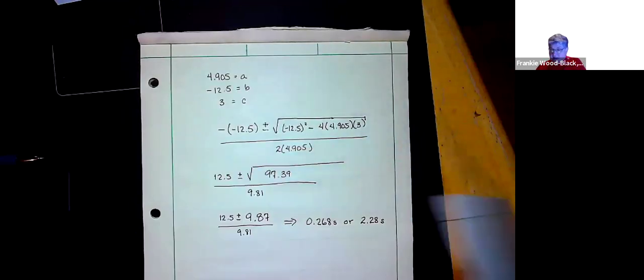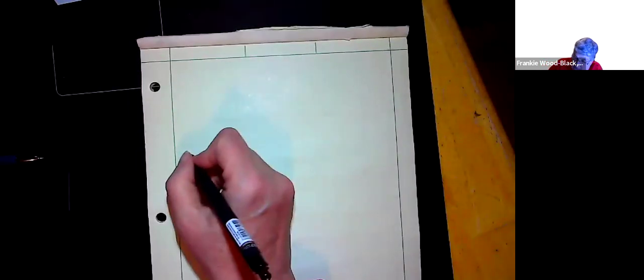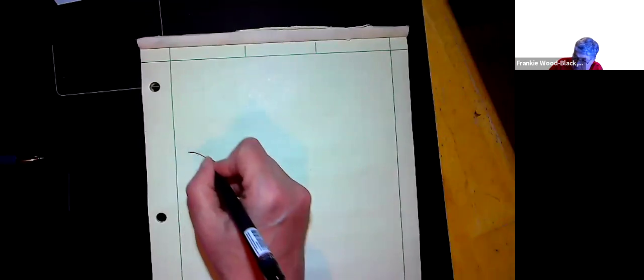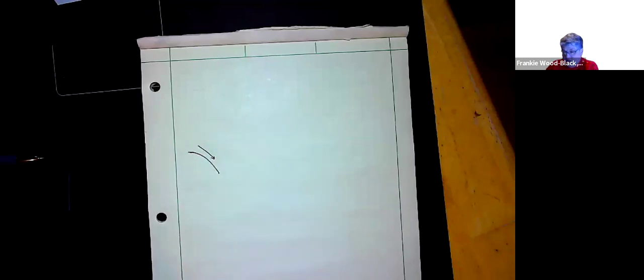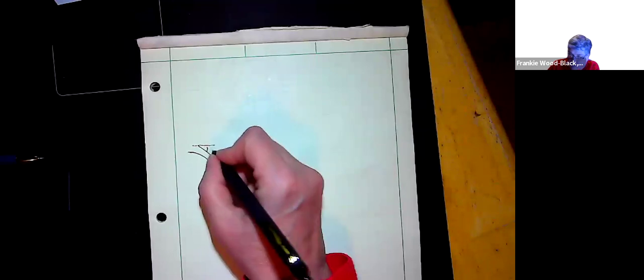Now, I think you guys have a homework problem that does something like this. So we have somebody coming off of a jump. They're going to come off of a jump, and we're told that this angle, we're going to make it 20 degrees.